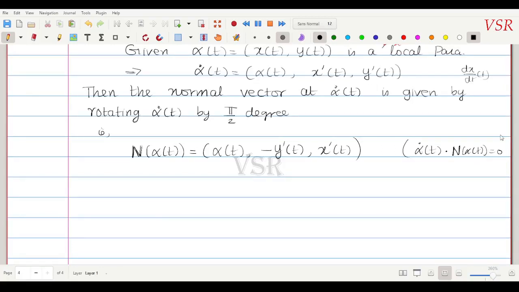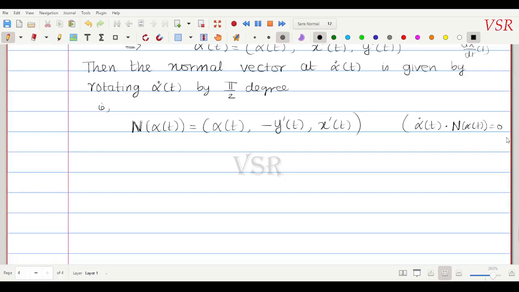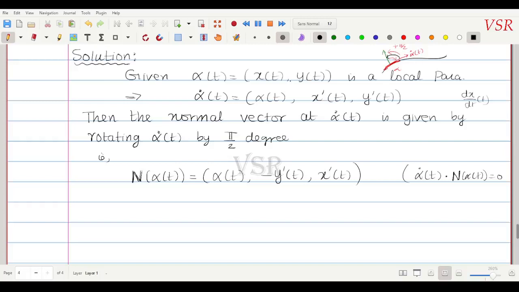Okay, so now we'll go for the normal. This is the normal direction, the normal vector. Then we need to go for alpha double dot of t. Of course, alpha is not a unit vector, right? So the normal direction will have this condition.